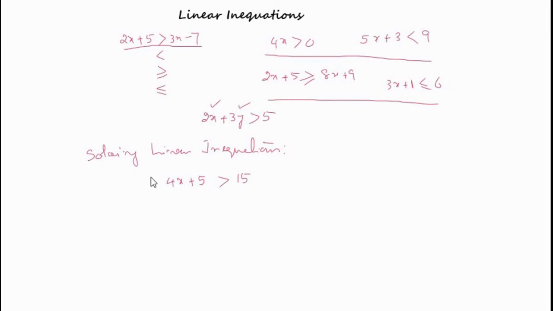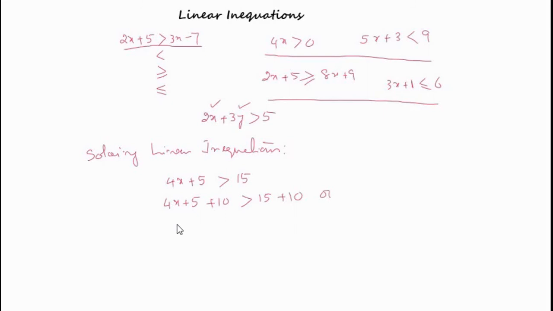Most of the rules of solving linear equations hold good for solving linear inequations too. Let us consider some of them. If you add constant terms to both sides, let us take plus 10 here, and 15 plus 10, I am adding the constant term 10 to both sides.